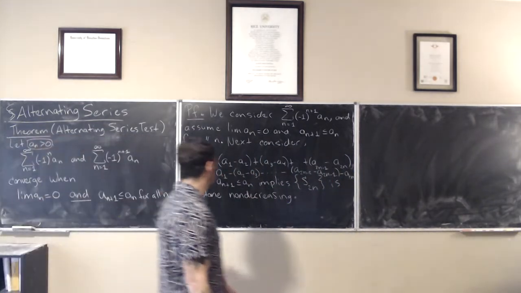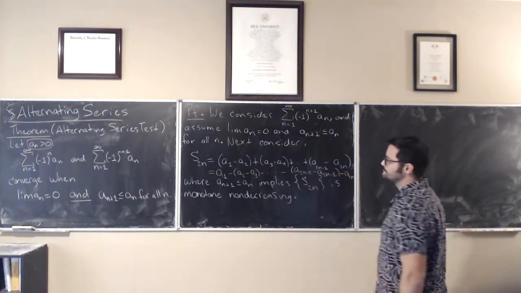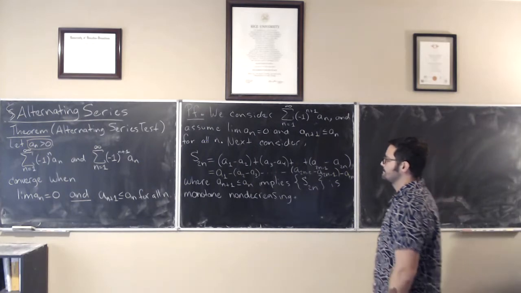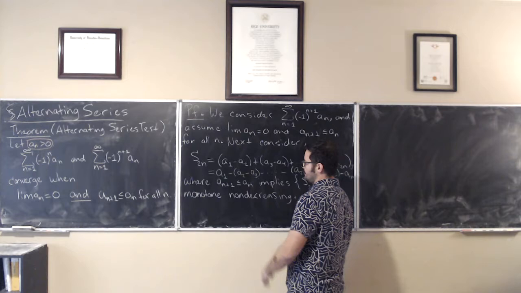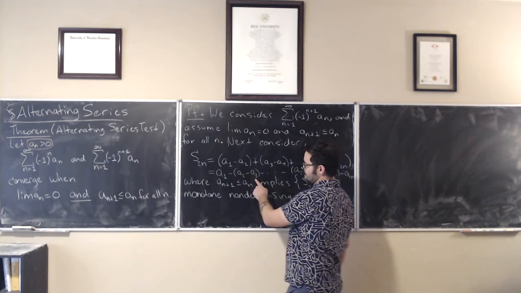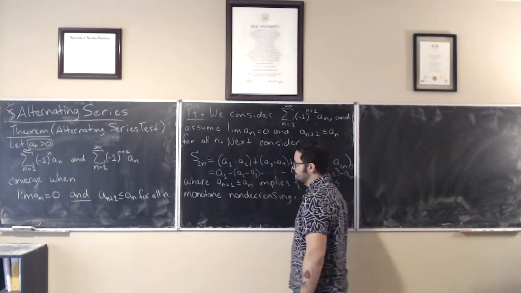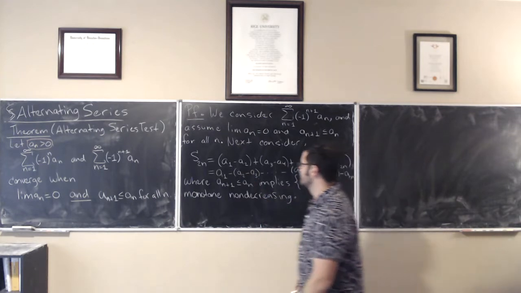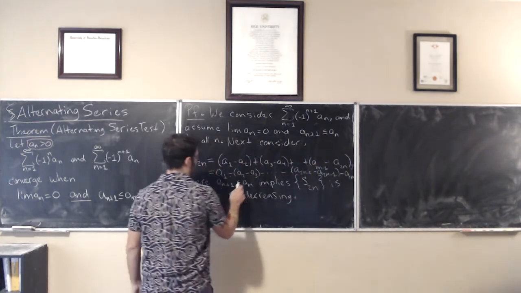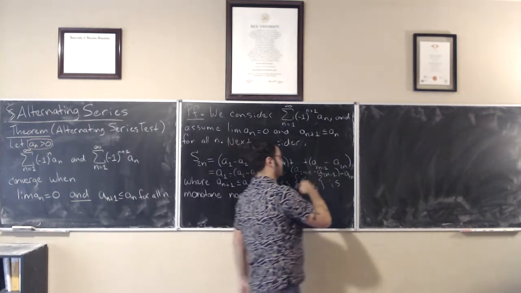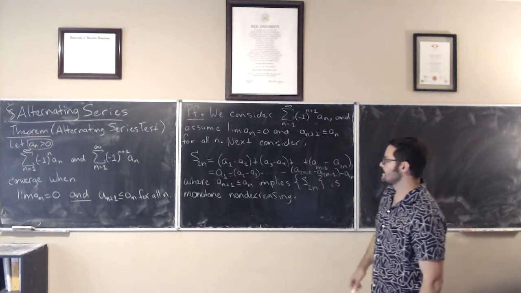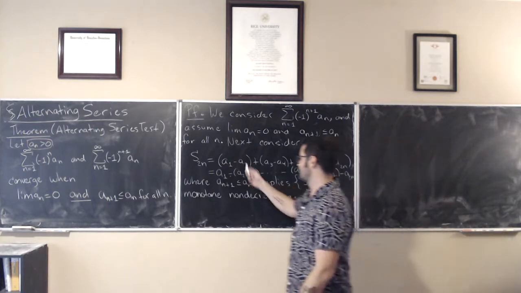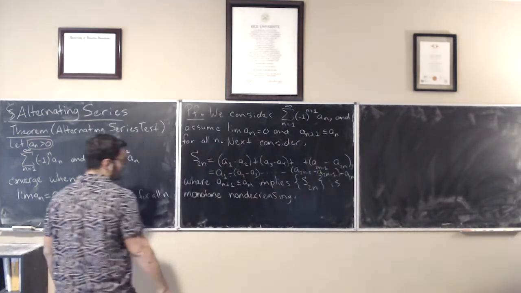Now notice again that a_3 is less than or equal to a_2, so we're subtracting off a non-negative number, again and again, and that is less than all of these things here.